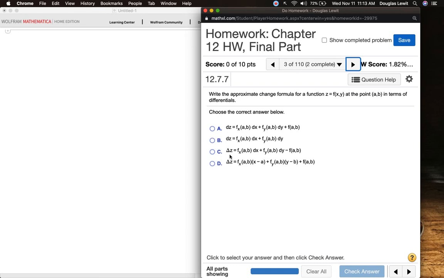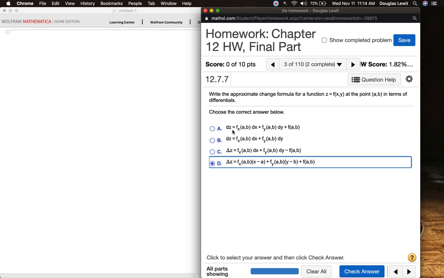Well, because here I have delta z. Delta z is equal to whatever. So here, delta z does not represent an infinitely small quantity, whereas dz represents this really, really tiny, infinitesimally small quantity.